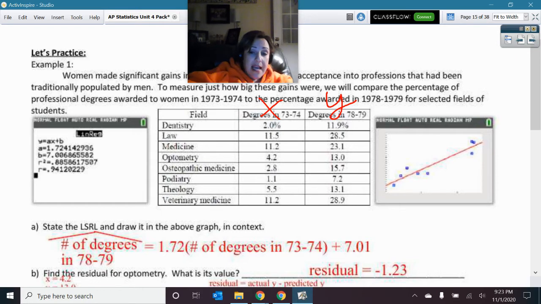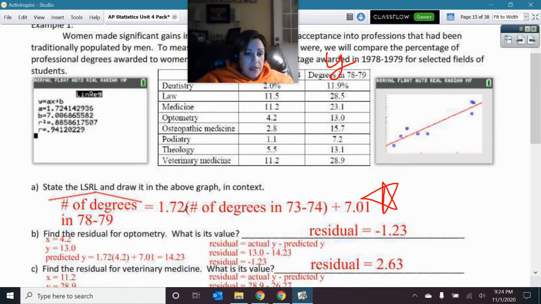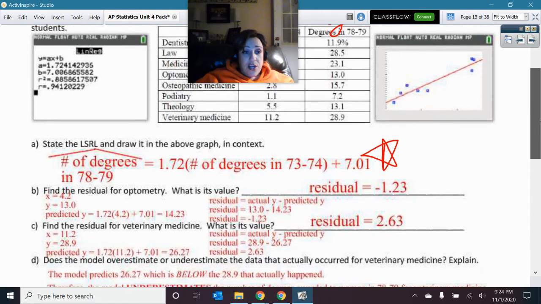And then I can, of course, use this equation to get the predicted Y. So that's what I did here. Got my X for optometry, the actual Y for optometry, plugged in the 4.2 into the prediction equation and got the predicted Y. Now my residual, actual Y minus predicted Y, and I just solved, and there it is, negative 1.23.